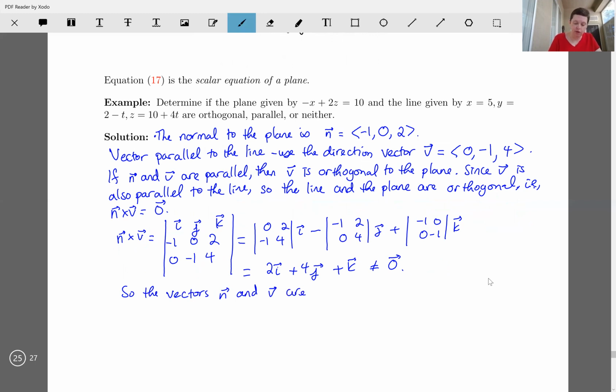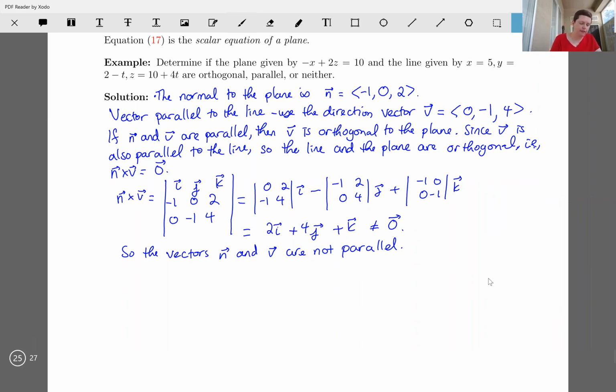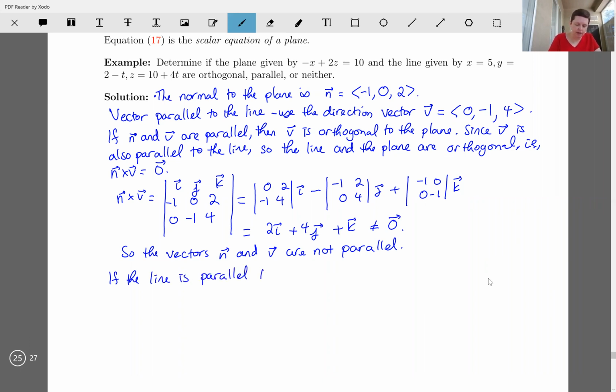That's good in terms of seeing if the line is orthogonal to the plane: no, it's not orthogonal to the plane. Now, if the line is parallel to the plane, then n and v are orthogonal, which means, of course, that the dot product is 0.